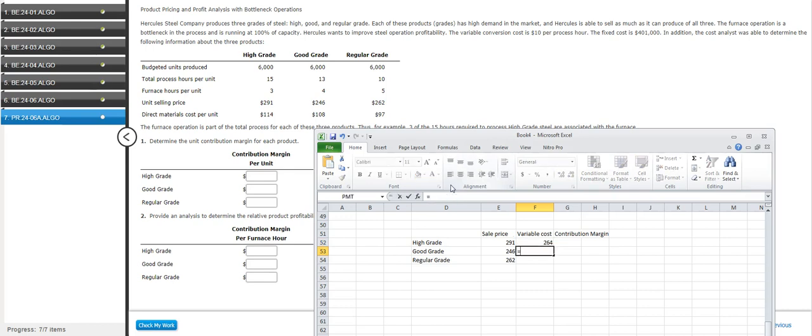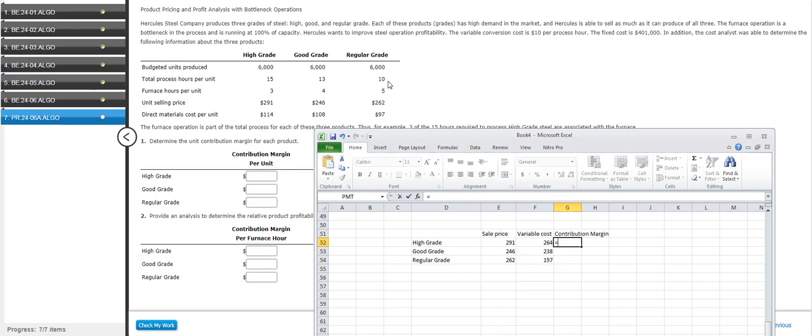Hey, that's what you guys want, isn't it? Good grade. Alright, just a joke. 108 direct material plus process hours of 13 times the $10 given in the problem. Regular grade: the direct materials is 97, plus 10 process hours times $10.